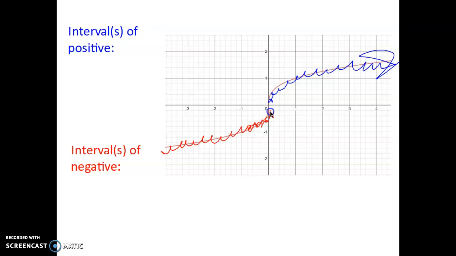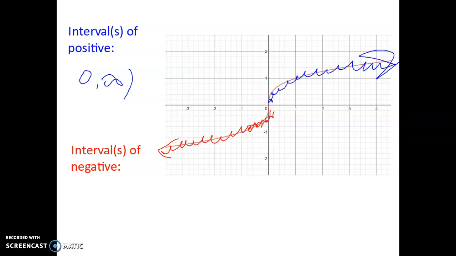So I'm going to color this part red, arrow there on the end. Okay, so let's see what those intervals are. The interval for positive. You can see it starts being positive right here at the x-intercept, and it continues being positive forever because of that super messy arrow I've got right there. So the interval for positive, 0 to infinity.